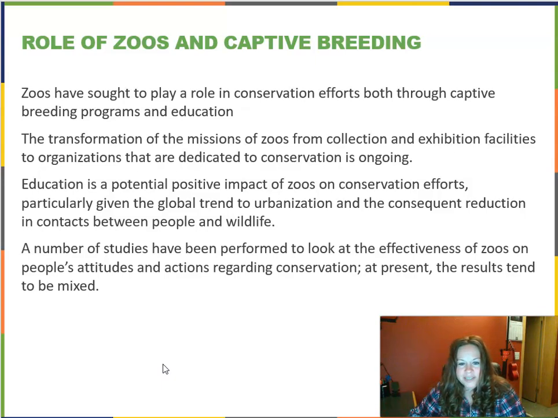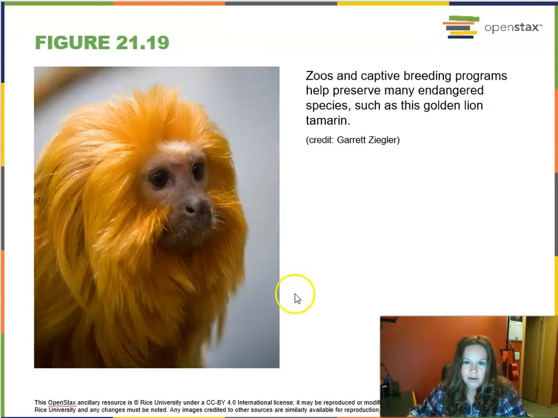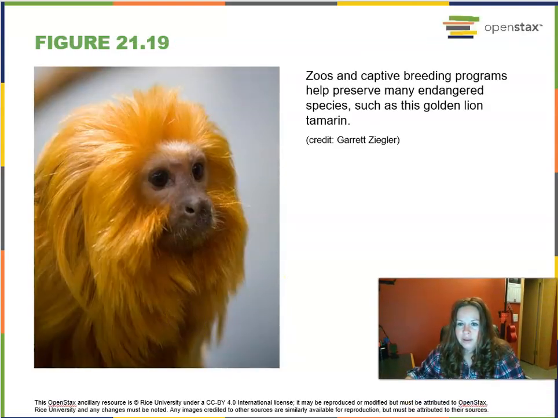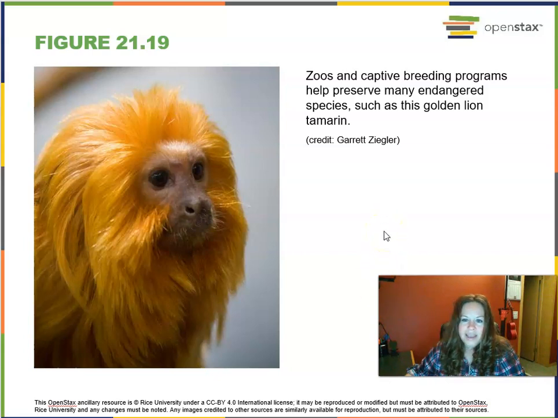A number of studies have been performed to look at the effectiveness of zoos on people's attitudes and actions regarding conservation, and at present, those results tend to be mixed. And our last picture here, the golden lion tamarin. Zoos and captive breeding programs help preserve many endangered species, like this one pictured here.